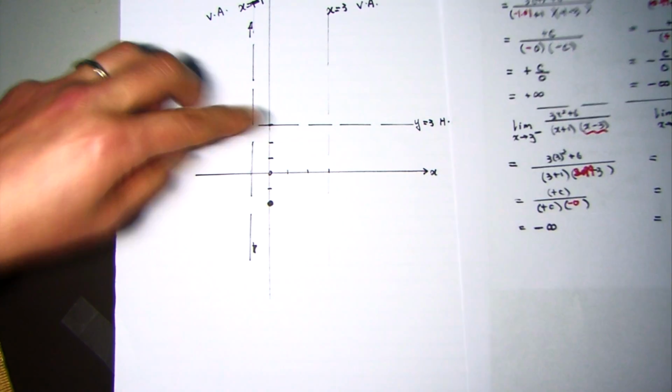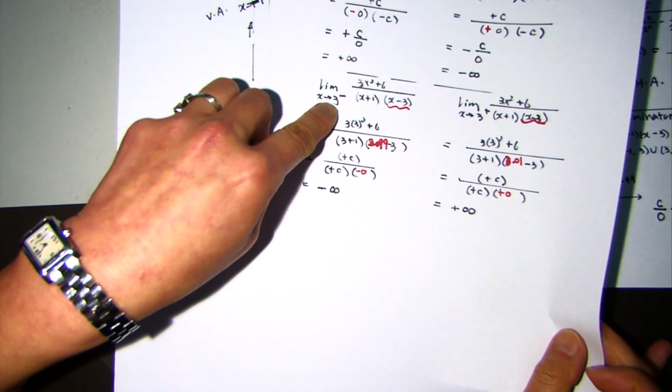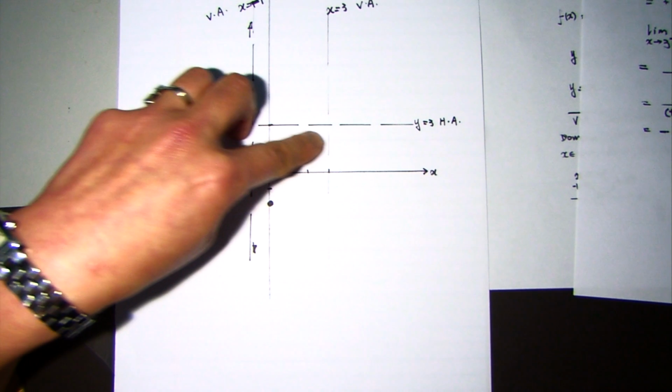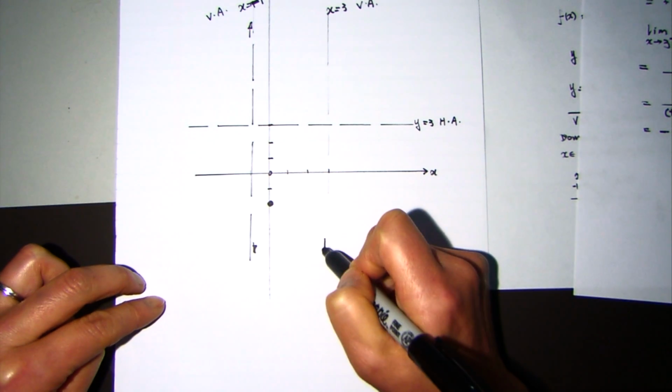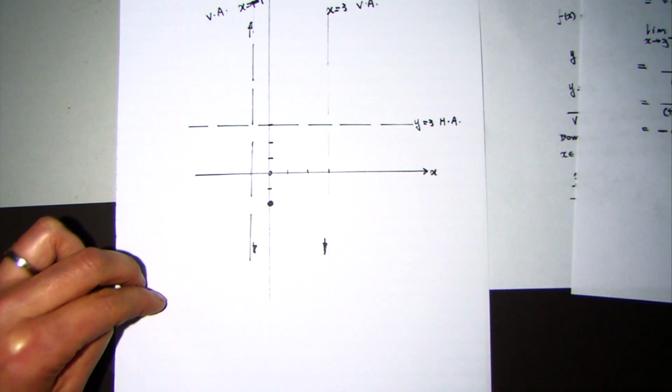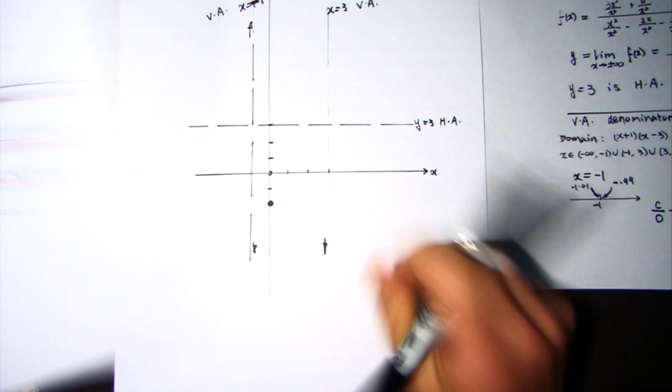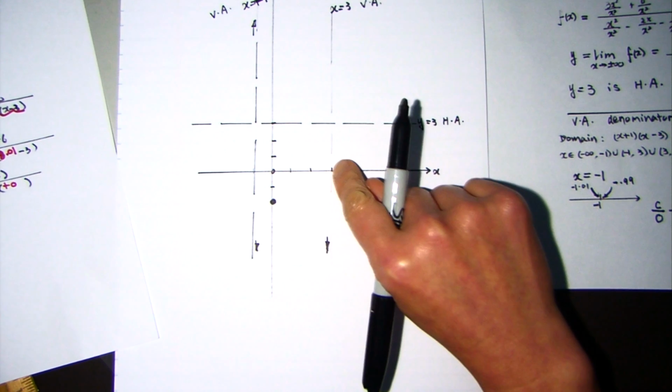Two more. Let's look at what happens around 3. Come to 3 from the left, down. Come to 3 from the right, way up.